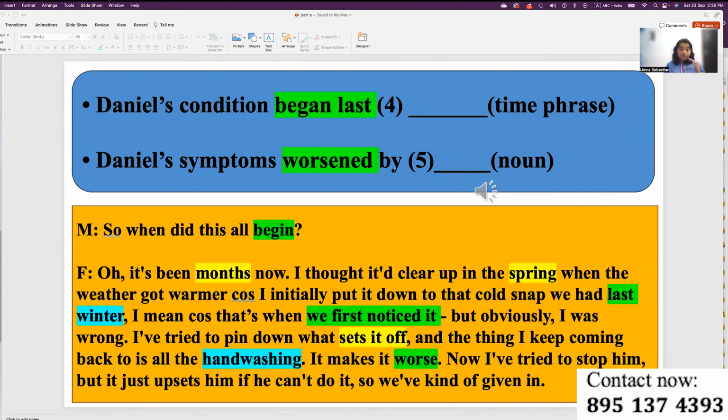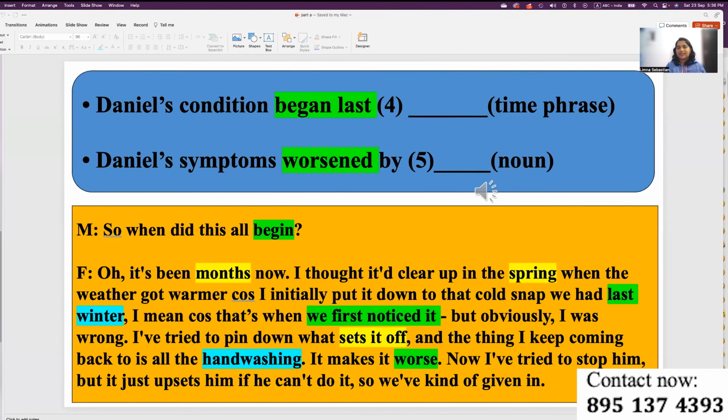So sets it off means she's finding what is the reason for it, why it is happening. So she understood that hand washing is the reason. It makes it worse. So we know Daniel's symptoms are worsened by, so our answer is hand washing. So again she is telling it makes it worse, it means here hand washing.